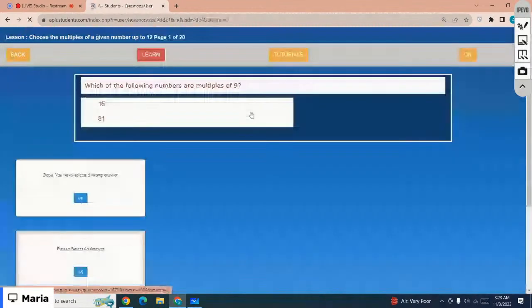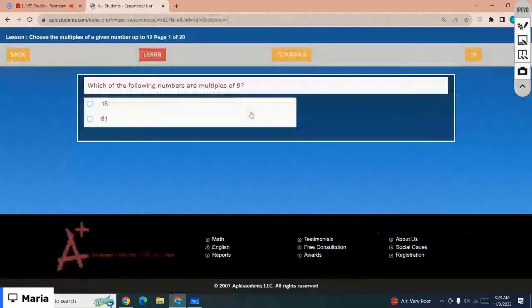Okay, which of the following numbers are multiples of 9? Which is the multiple of 9? 50 or 81? Which is the correct option?